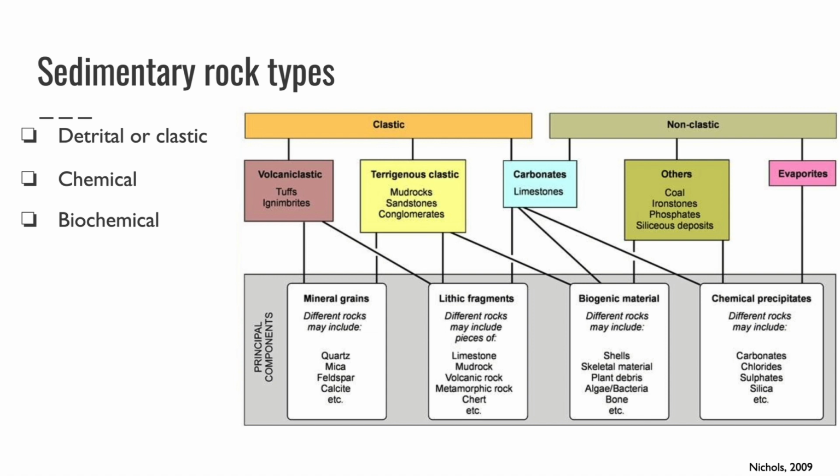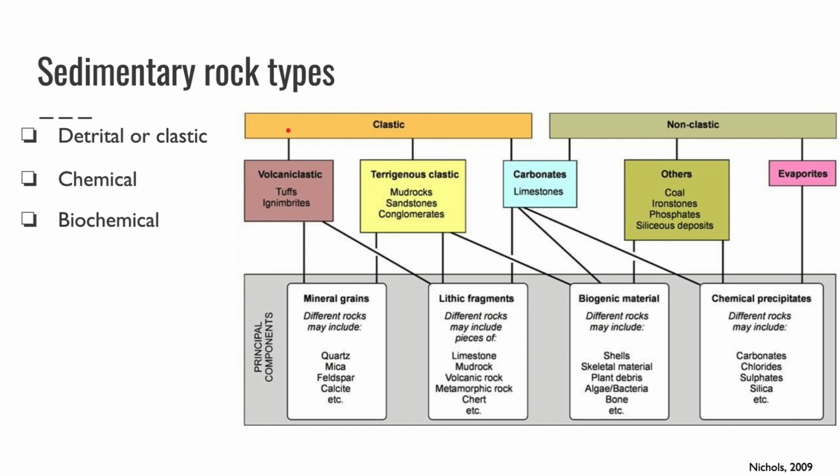Okay, so first, starting with how you differentiate chemical sedimentary rock from clastic sedimentary rock. Next time, and in many of the next lectures, we're going to be talking about clastic sedimentary rocks, but today we're talking about non-clastic.